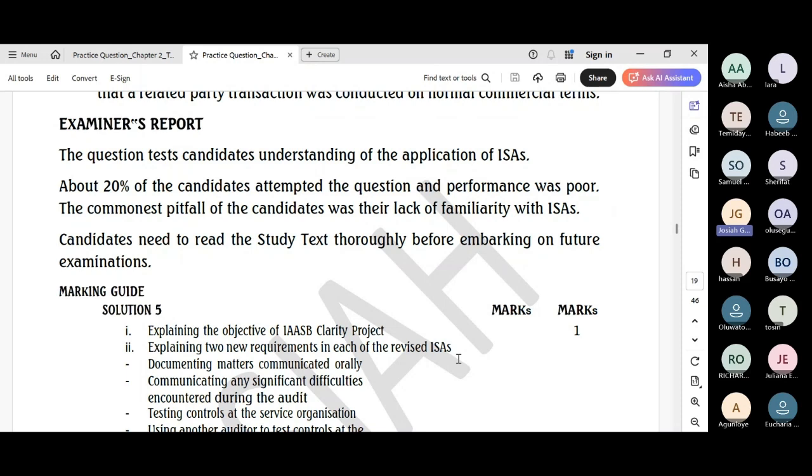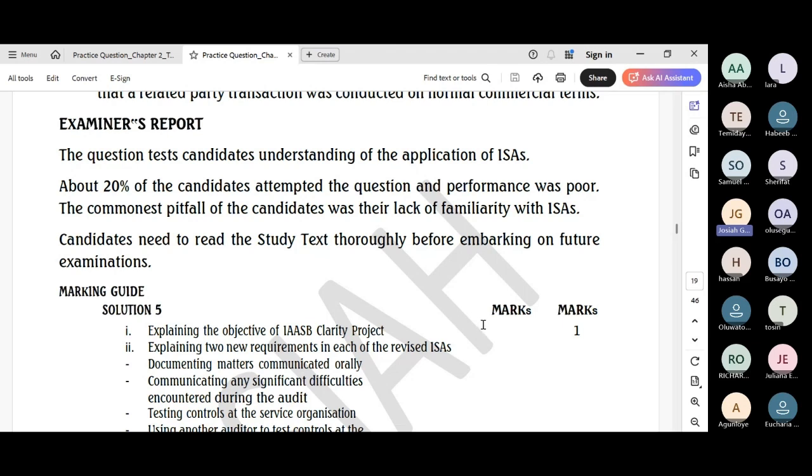And also communicating significant matters discussed with management. So focus on why and also the how of communication, especially the shift towards more qualitative and documented aspects. Formerly, before 2008, the ambiguities about whether it should be oral or physically documented were cleared. So focus on the why and how of communication for ISA 260.